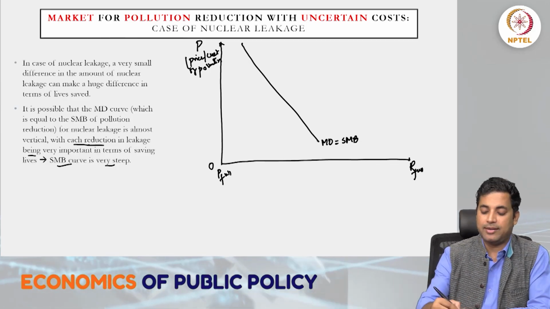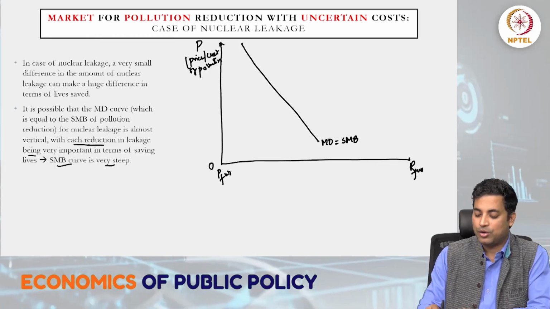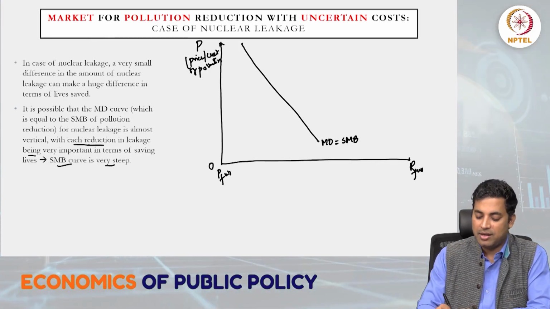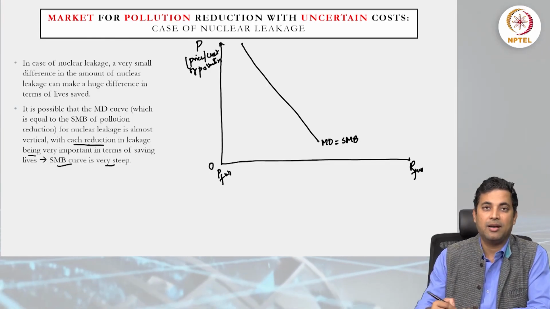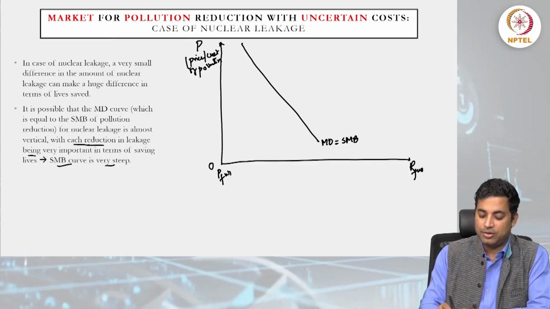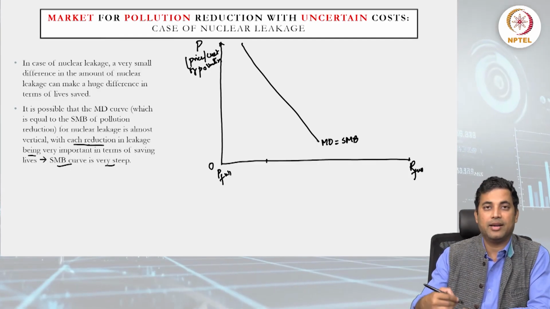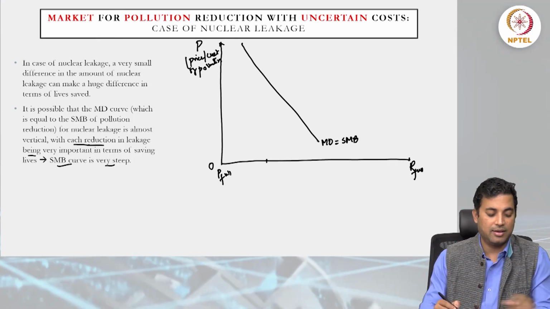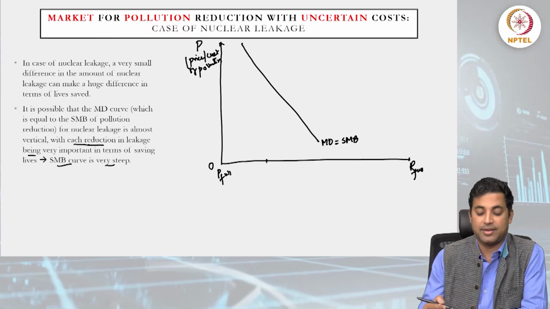We say that the marginal damage curve or social marginal benefit is very steep because a change per unit in cost will be very high, but then lives will be saved. So even if I regulate quantity here, its impact on the cost will be really, really high. That is what we are trying to discuss here.